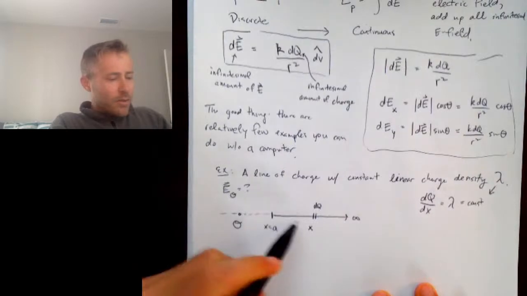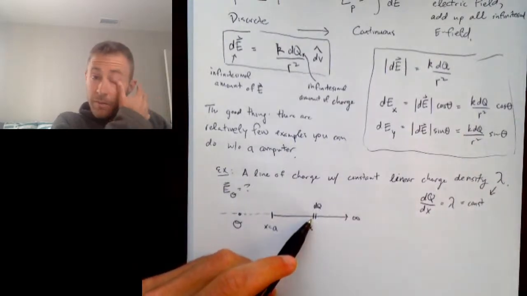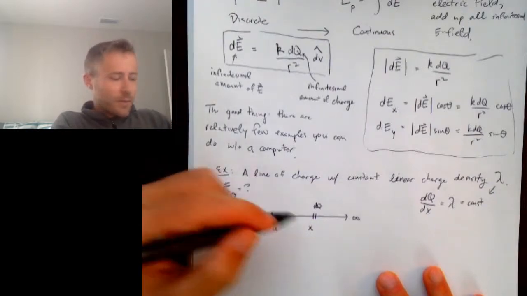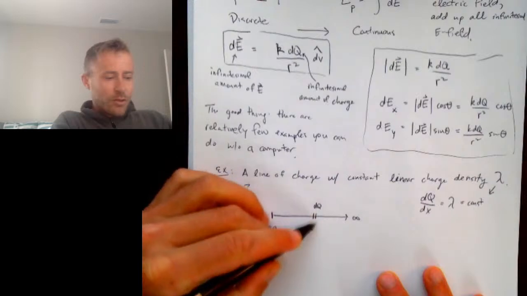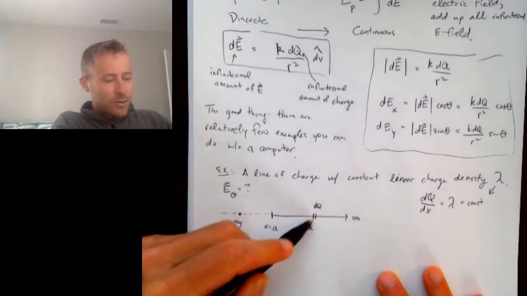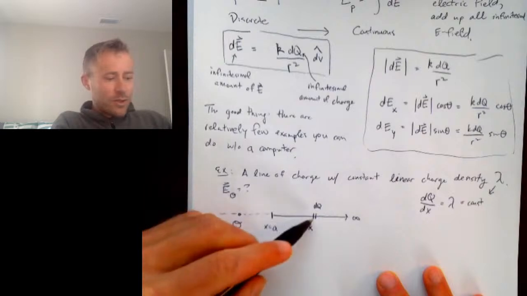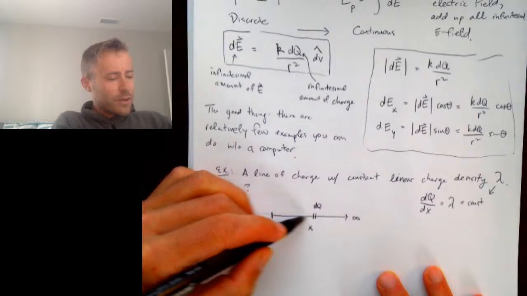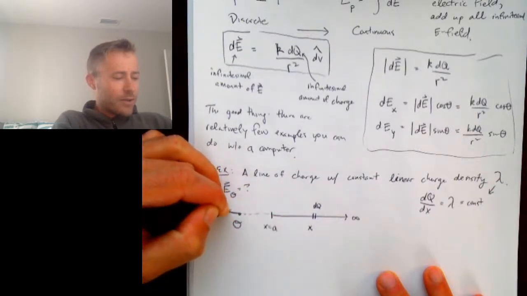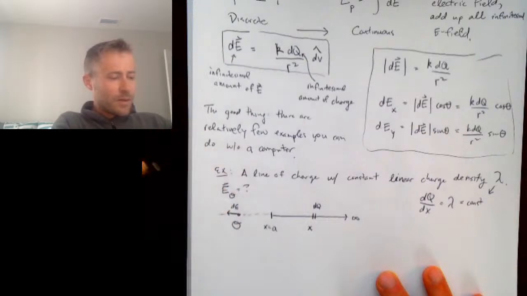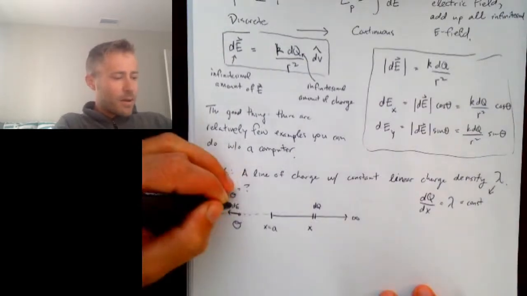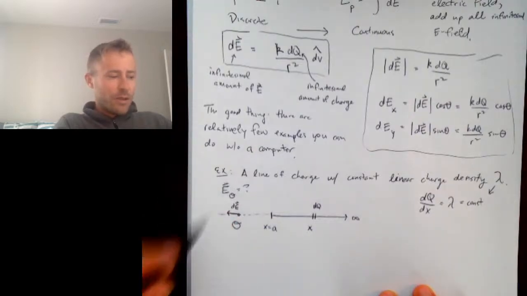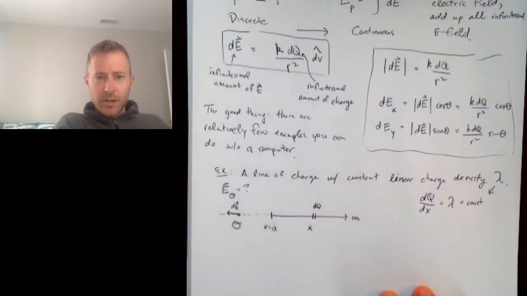This little piece right here is going to create a tiny electric field right here. Now we're going to assume that this is a positive charge, so a positive charge creates an electric field that goes away from it. So it's going to create a tiny electric field that goes in that direction. That is the tiny amount of electric field created by this tiny amount of charge.